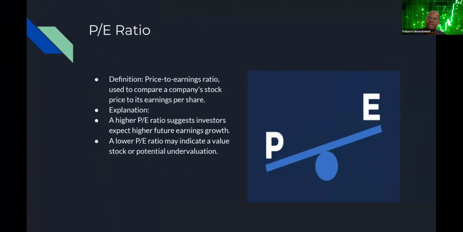Now, let me run through this slide. We'll go to Finviz to look at a company, for example. So, the explanation of the P/E ratio: when we are evaluating a company, you want to see the price compared to their earnings. Their earnings are like a quarterly report they make to investors, showing how the company is doing and how much they are making.